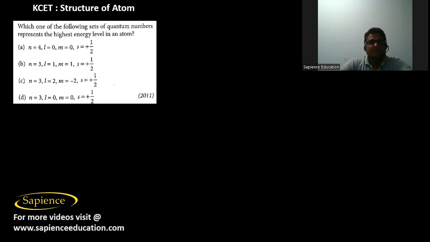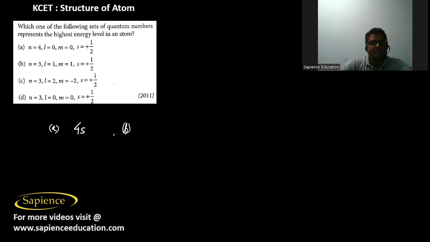Then here it is told: which one of the following sets of quantum numbers represents the highest energy level in an atom. So for option A, it is n equal to 4 and L equal to 0, so it is the 4s orbital.